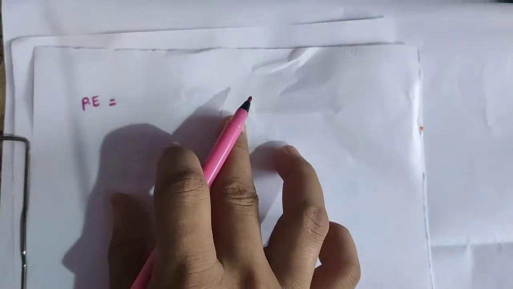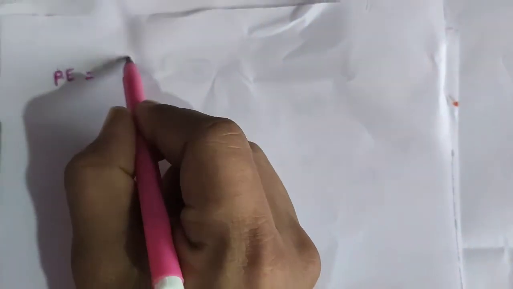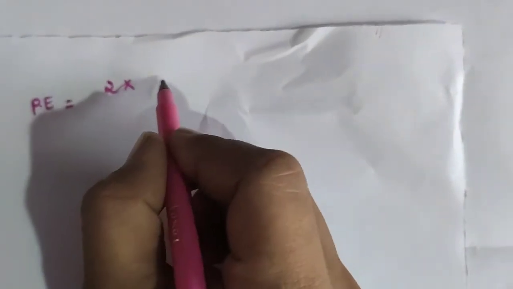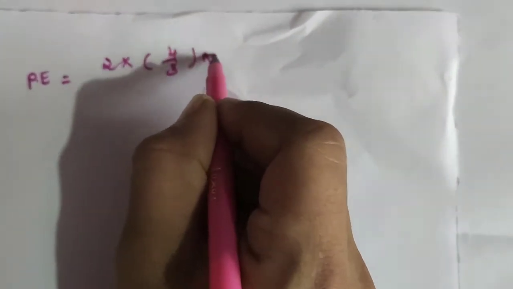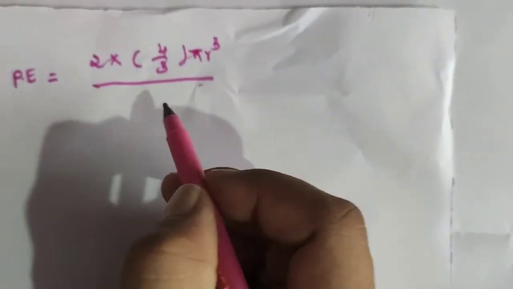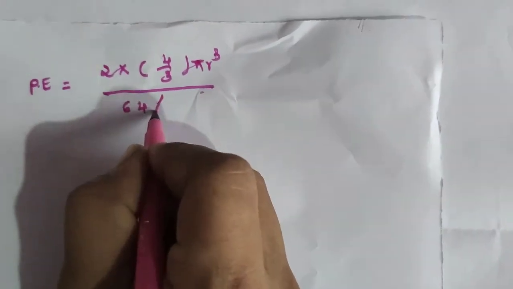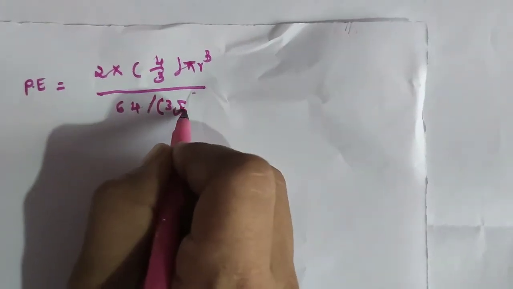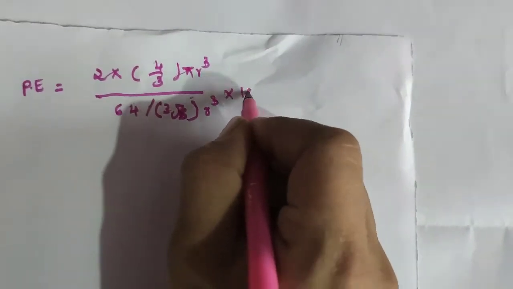So the volume occupied by the particles is taken as 2 into 4 by 3 pi r cube, divided by 64 by 3 root 3 r cube, into 100%.